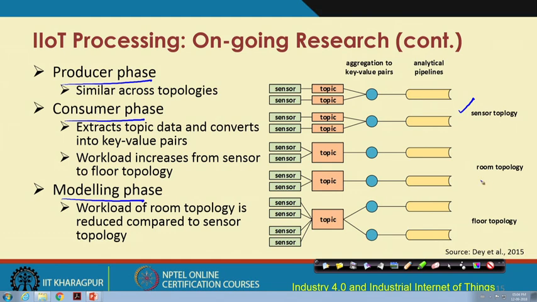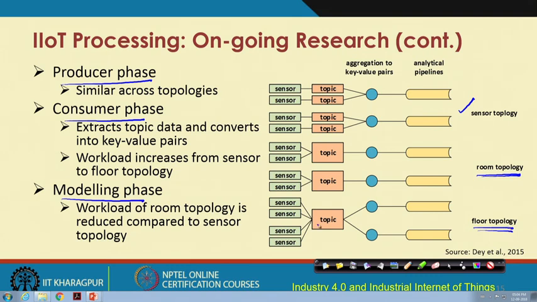They have also analyzed the room topology. What room topology does is that at the topic level this aggregation is performed. In a particular room with different sensors, the data are going to come, and topic wise the aggregation is performed at the room level. They also analyzed the floor topology.